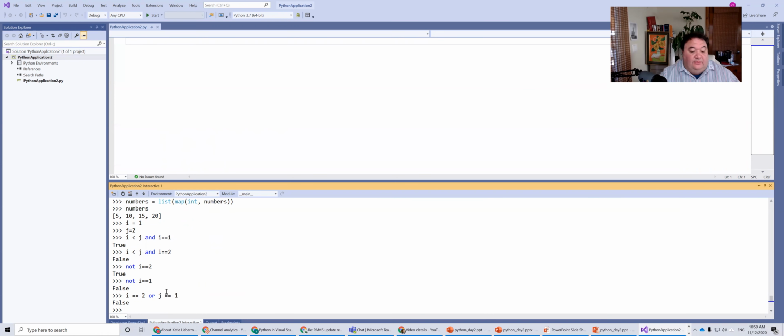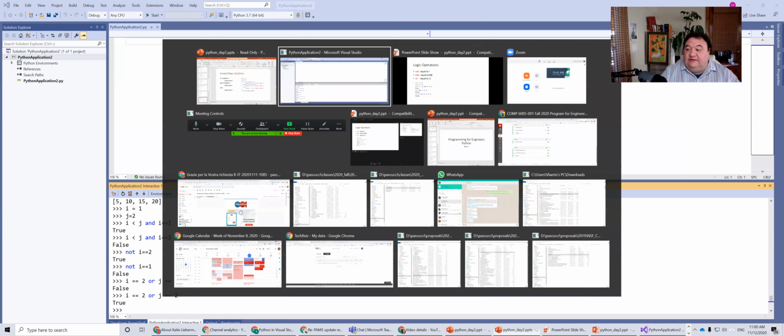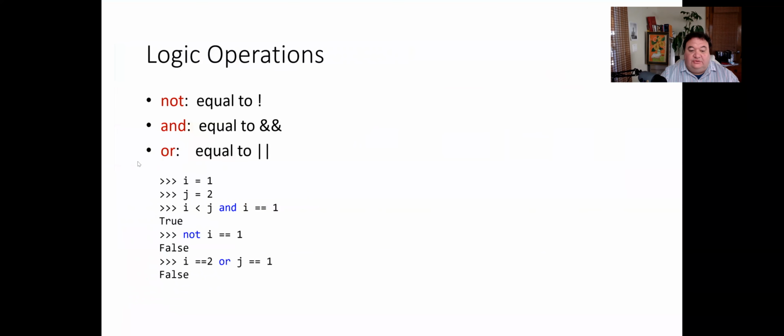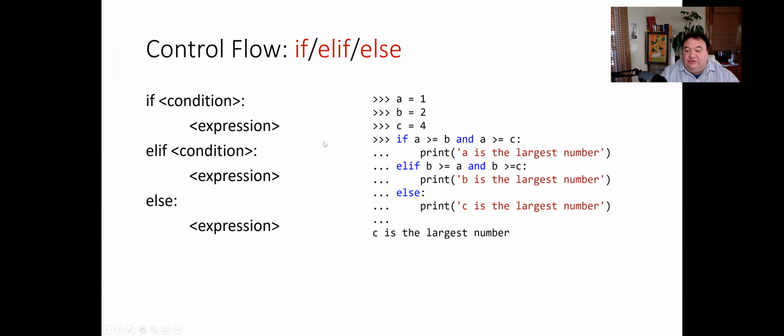And so now those are both false, so obviously it returns false, but let's say one of them is equal to 2, j equal 2, and that becomes a true value. And so as usual, this becomes the foundation of conditional statements.